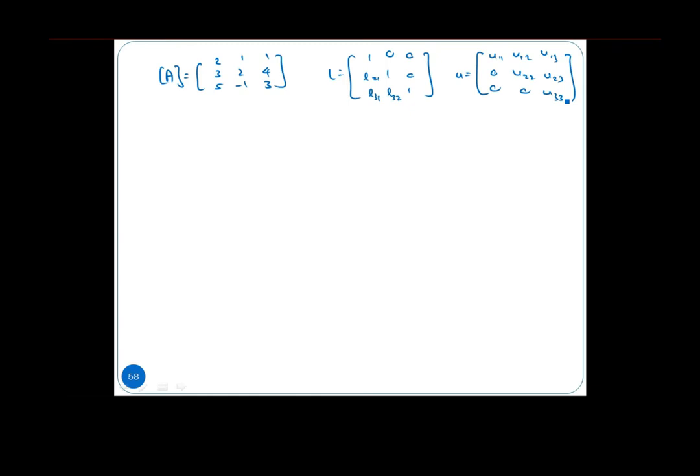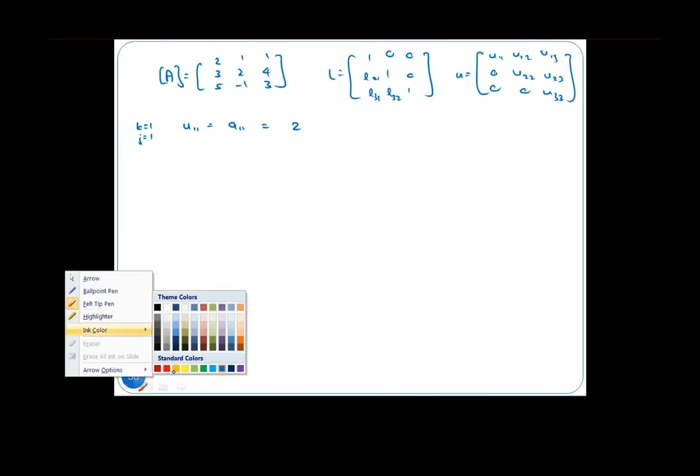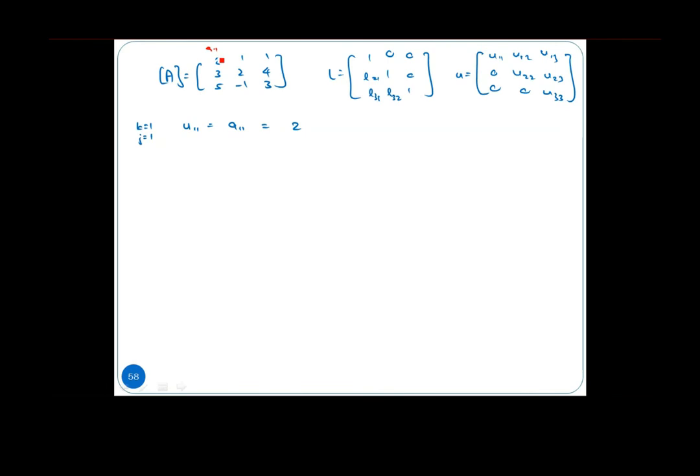Based on the general equation that we obtained just now, first, if I want to find U with K equals 1, J equals 1, then U11 equals A11, which is 2. Let me not confuse you: this is A11, A21, A31, A12, A22, A32, A13, A23, A33.